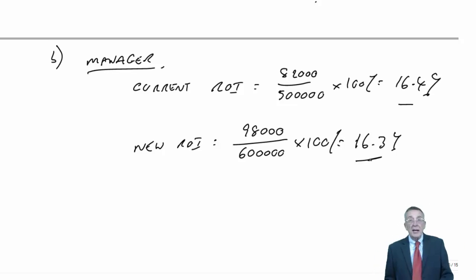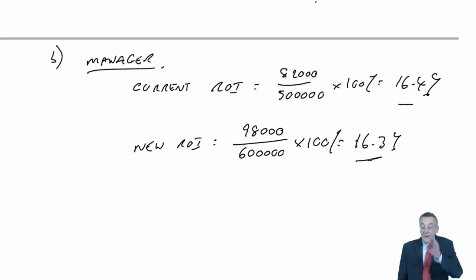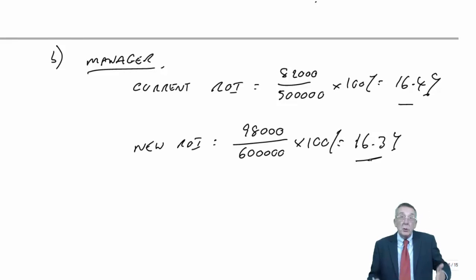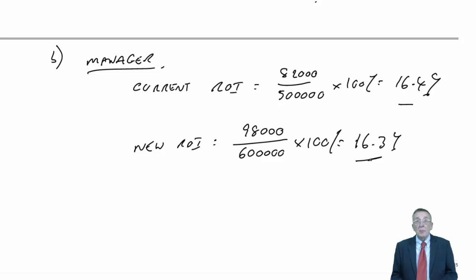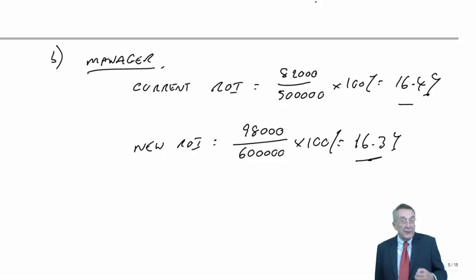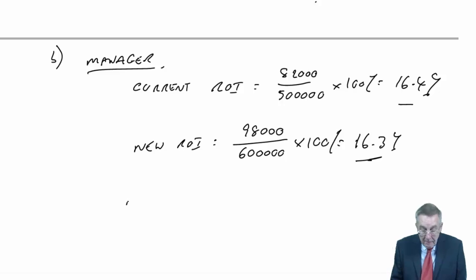Now it may only be a small change, but this is all the manager cares about, because this is how I've told the manager we're going to measure his performance. And since taking on this new investment will mean the performance measure, the return on investment, falls, the manager will not invest.